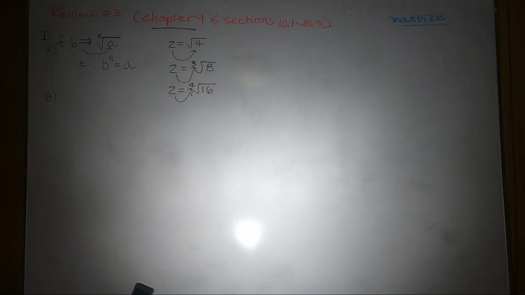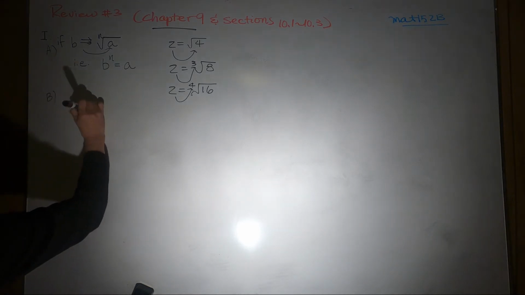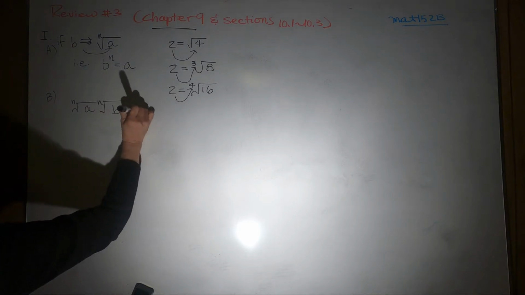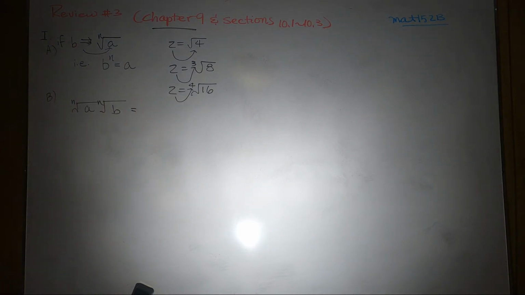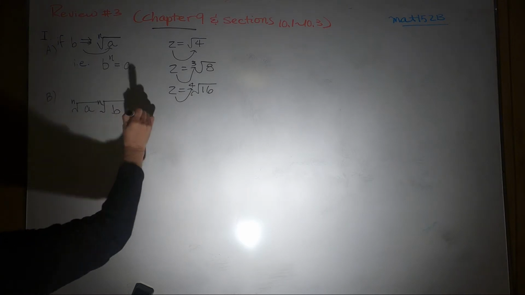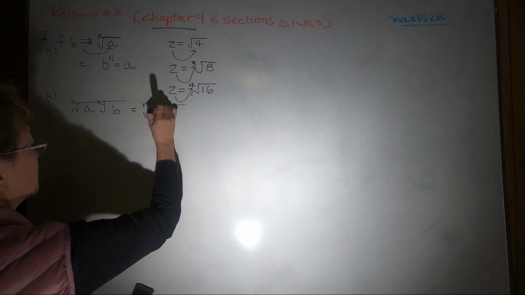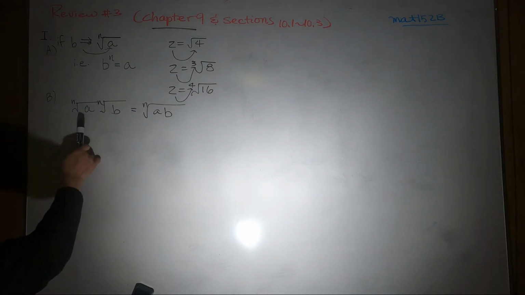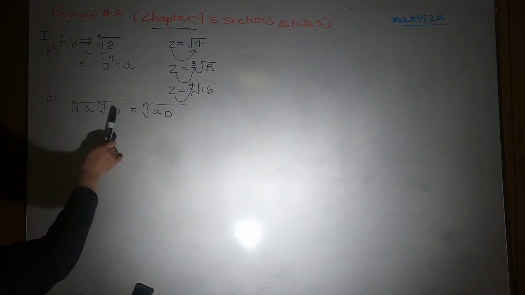radical, right? Then we also have a product rule and quotient rule. Product rule means what? If you have the same index, then you can combine them. Somehow you get confused with the crazy numbers when they are multiplied.